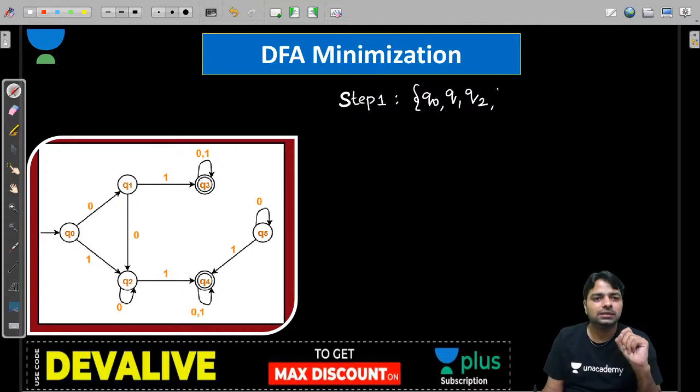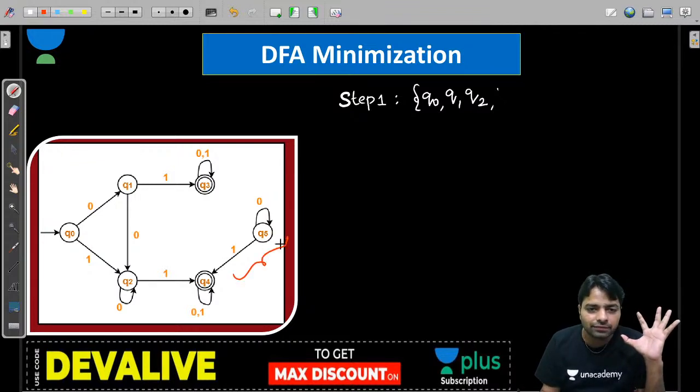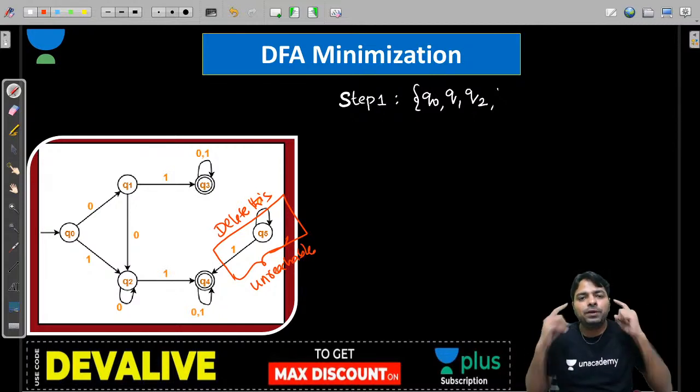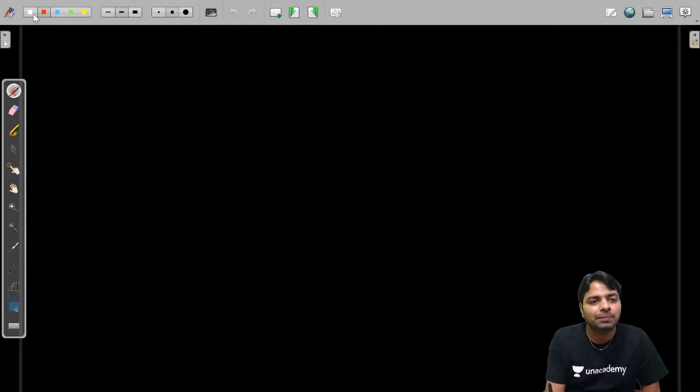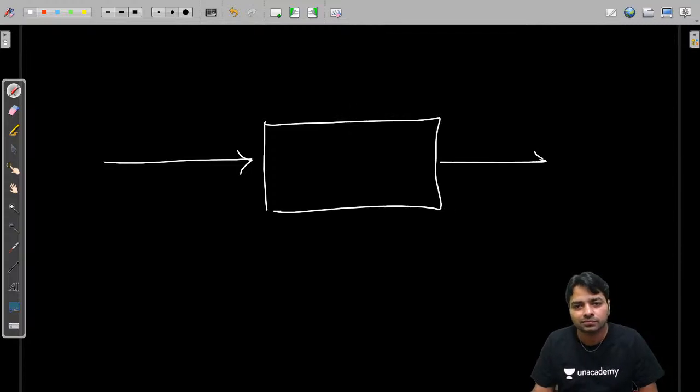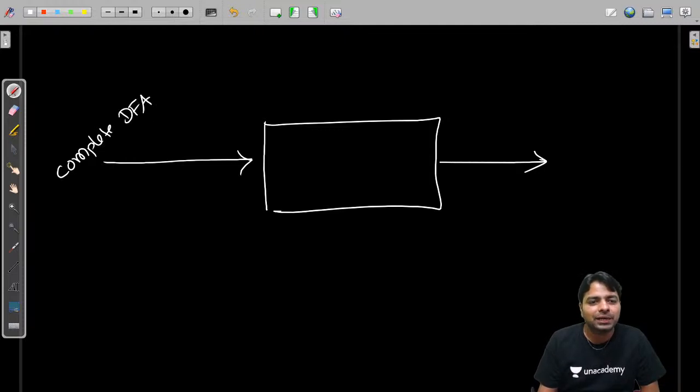And before applying, I forgot to tell you that. Guys, look at it. Before applying the algorithm, look at Q5. Delete it. Why? Because we don't need an unreachable state while applying the minimization. So before applying the minimization, remember this point. Here take a complete DFA rather than just any DFA. Complete DFA means every state is reachable from the initial state.